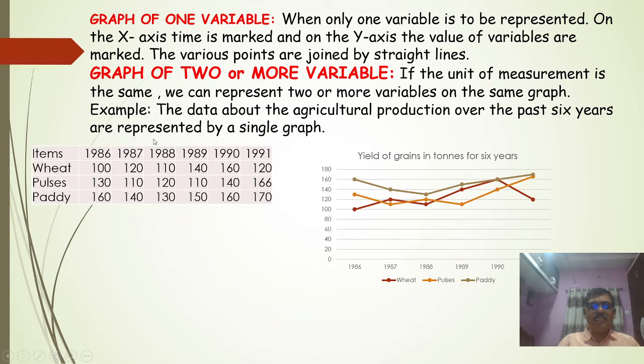For these 6 years, the production of wheat, pulses and paddy is shown in a single graph. Here in 1986 you can observe the production of wheat, 100, then the pulses 130, and the paddy 160.